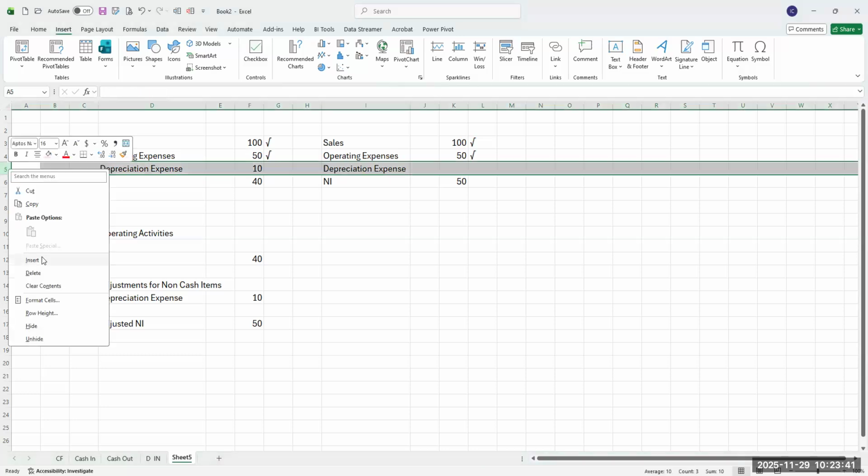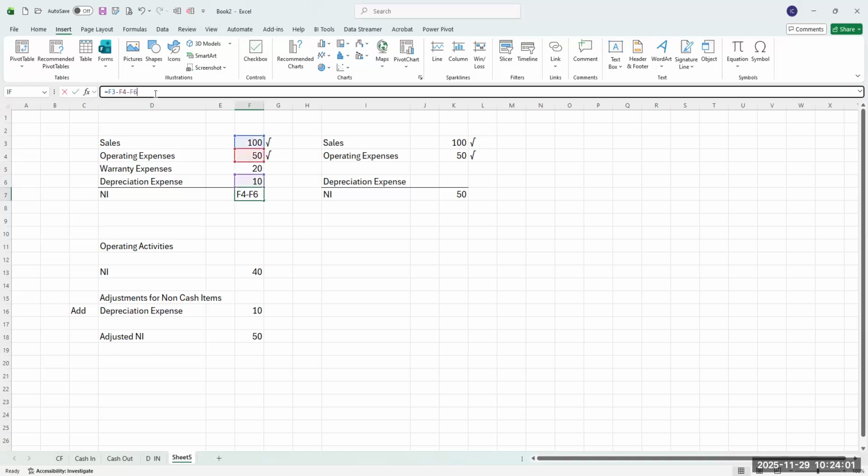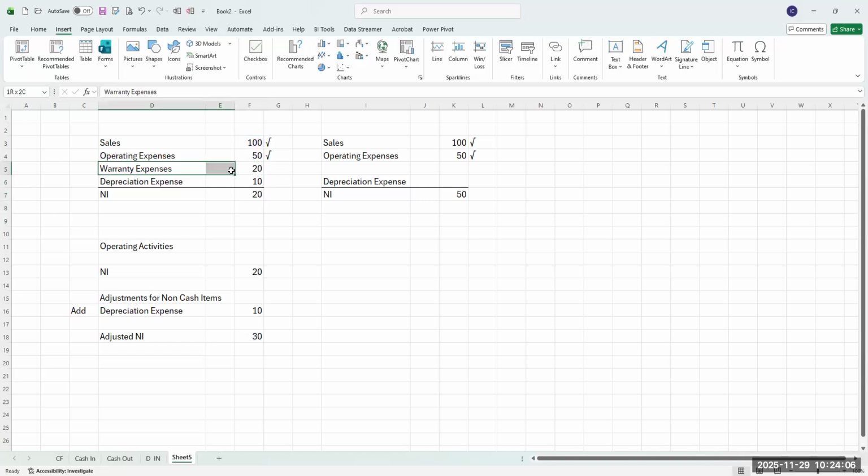I can also have, what will be that? Warranty expense. But warranty expense is not a cash item. Let's say warranty expense is $20. That means here I still have to deduct this $20, but if I flip it here, I don't have to include it because it's not a cash item.